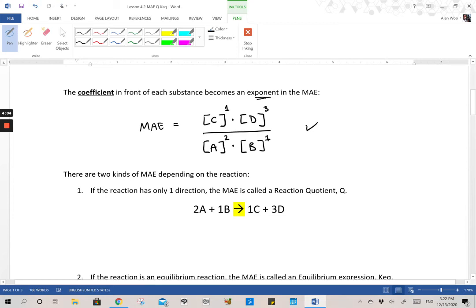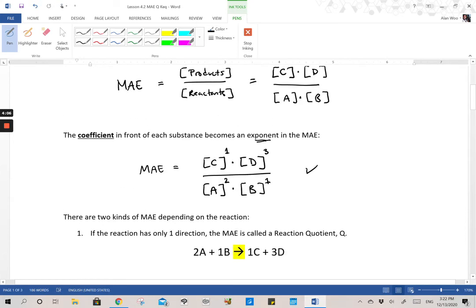So, depending on what kind of reaction is given to you, there are typically two kinds of mass action expressions. So, we'll look at one very quickly, and that's a reaction that has only one direction. So, what we're kind of used to seeing as a normal reaction.